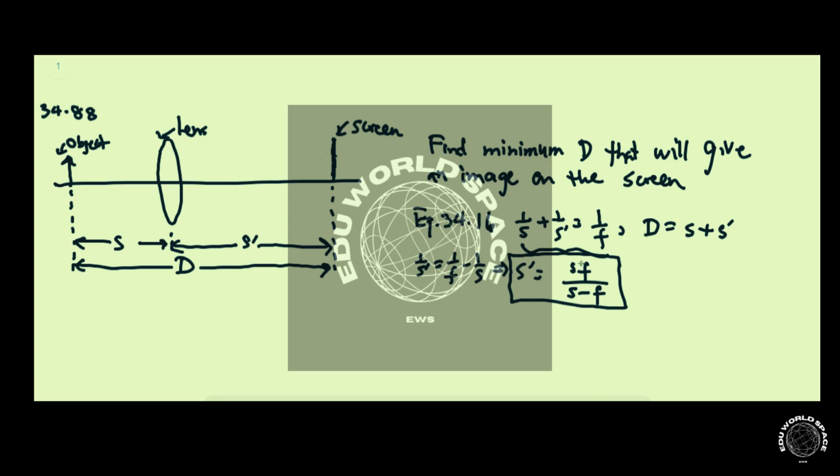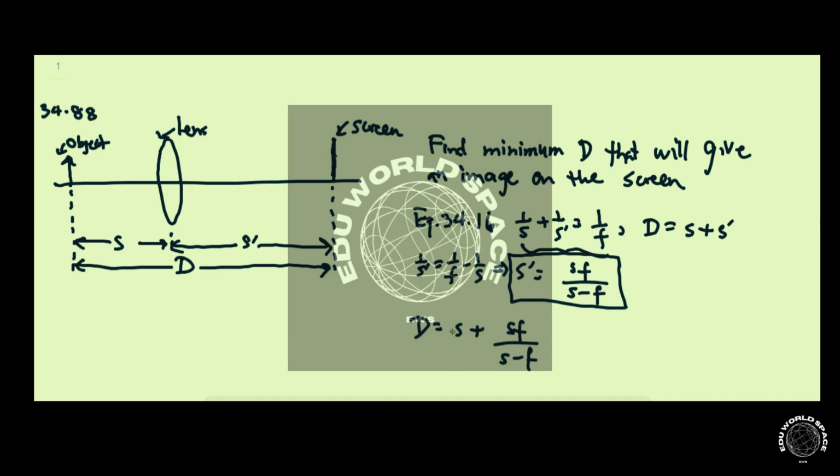So now let's substitute for s prime in this equation for d, and that's obvious from the figure. In the way the problem stated, we know that d is s plus s prime. So now I have d is equal to s plus sf over s minus f. And now I want to put everyone over a common denominator.